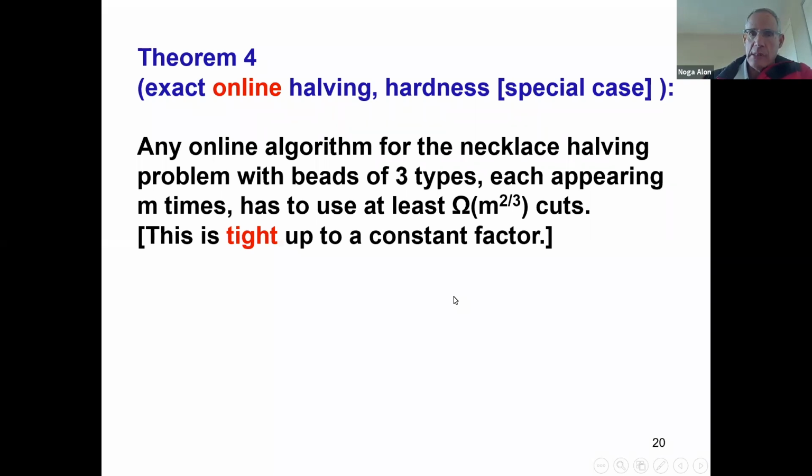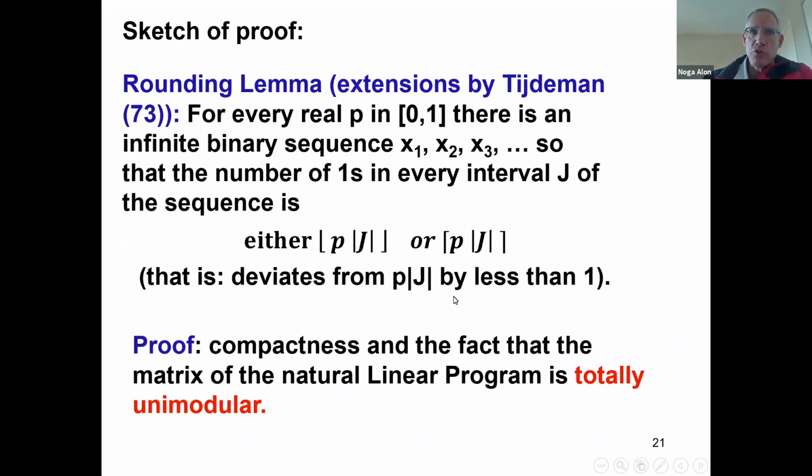So let me show you the basic idea here. We need a very simple rounding lemma, but I state it because there is some nice extension by Tiedemann that I want to mention. So suppose you have a real number p, which you can view as a probability, so it's a number between 0 and 1.